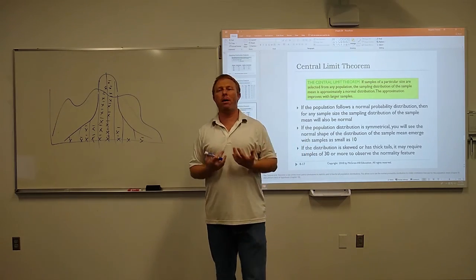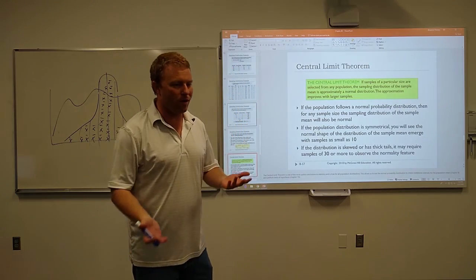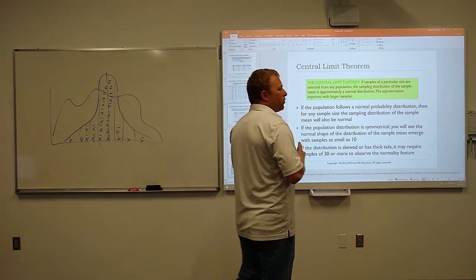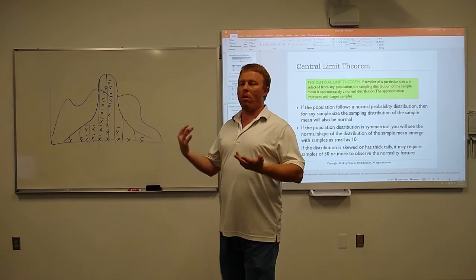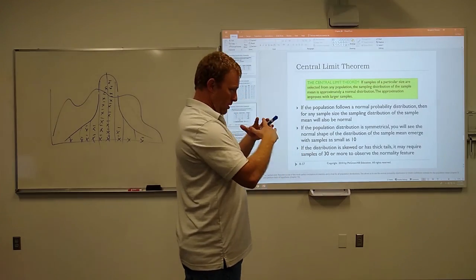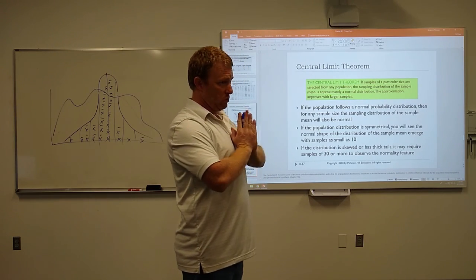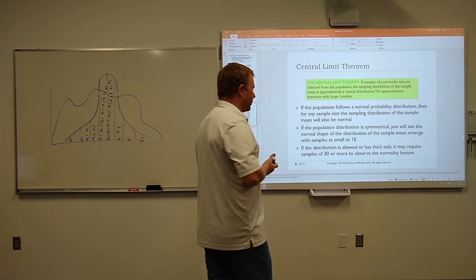The underlying population is already normal. You're not going to make it not normal by taking a sample from that underlying normal population, are you? Okay? We're turning them into normal distributions. This doesn't go in reverse, okay?